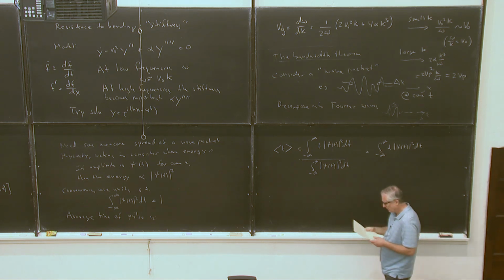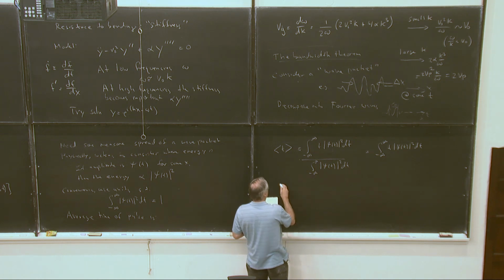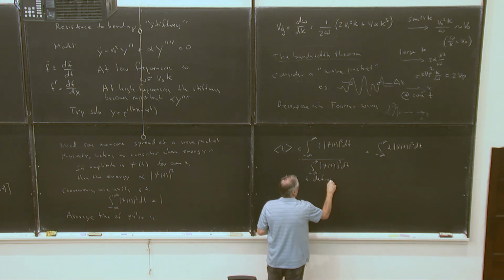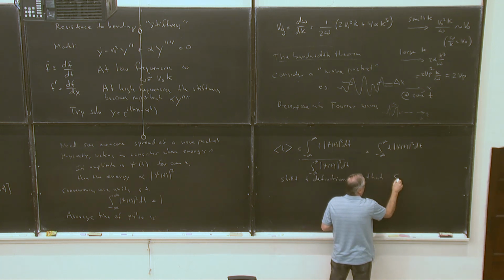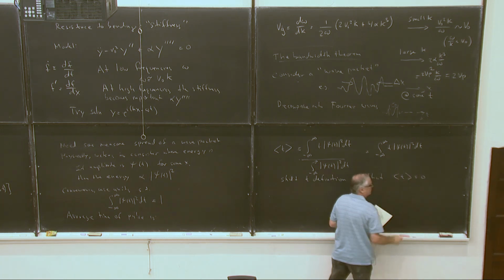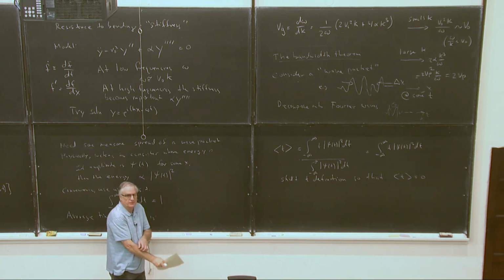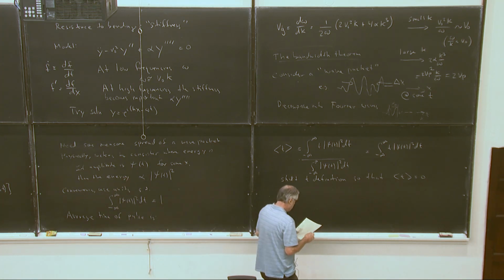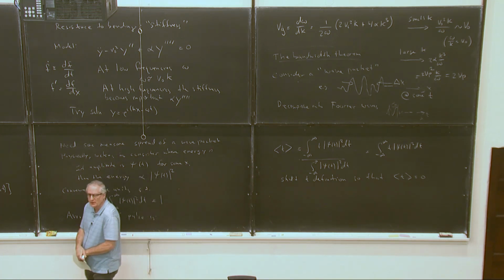So I'm just going to redefine my coordinate so that the expectation is just 0. And I'll just simplify my calculation as I go along. Okay. So that has nothing to do with the spread of the wave packet.